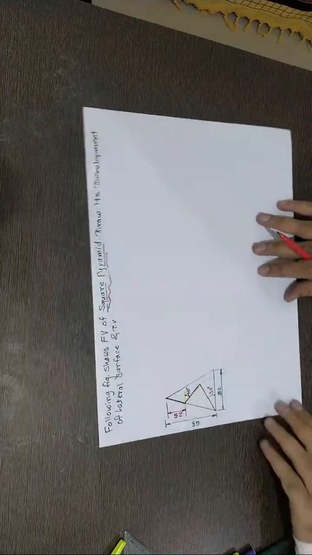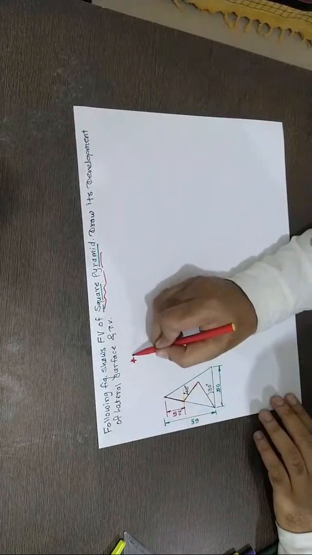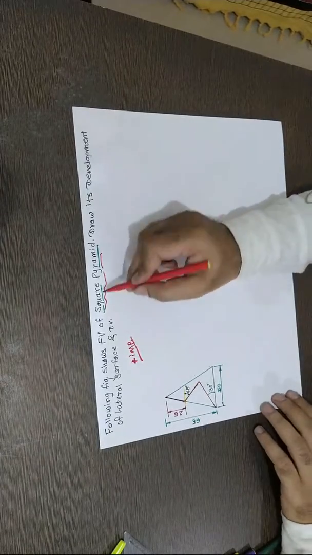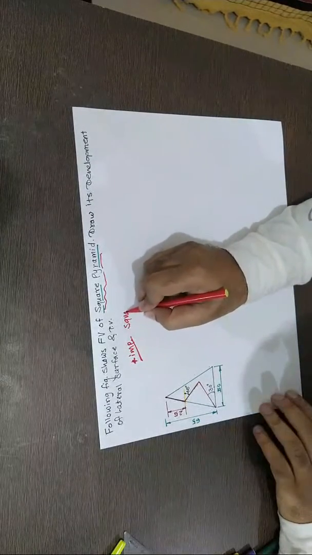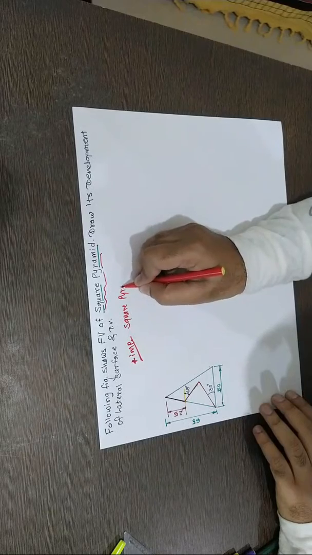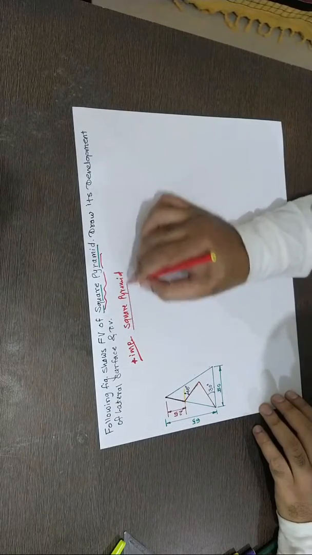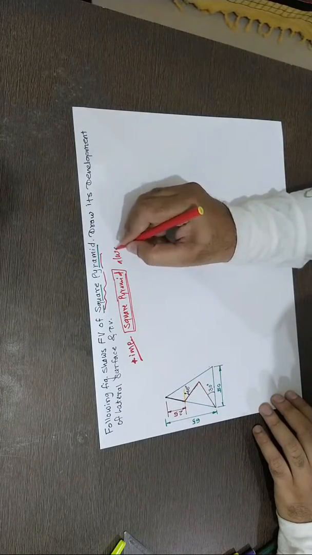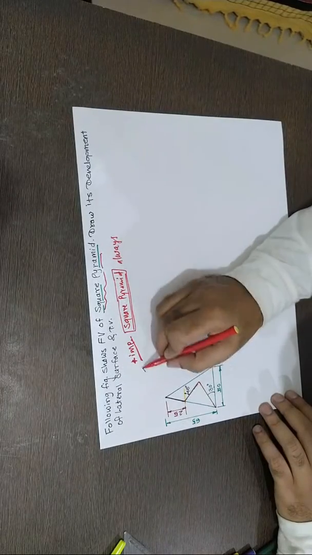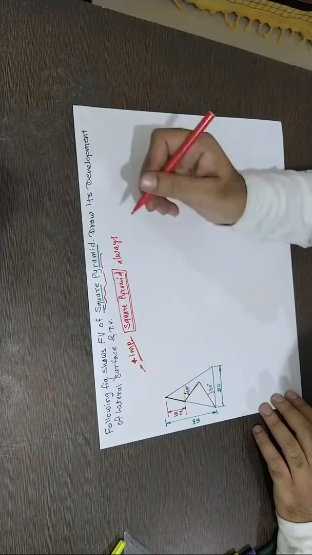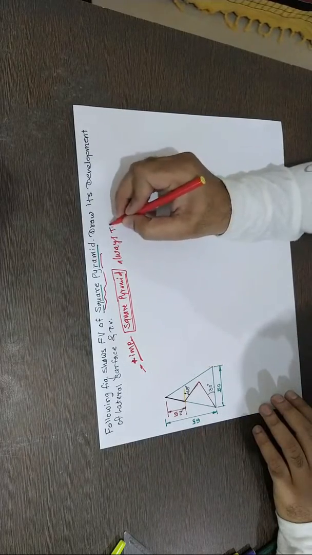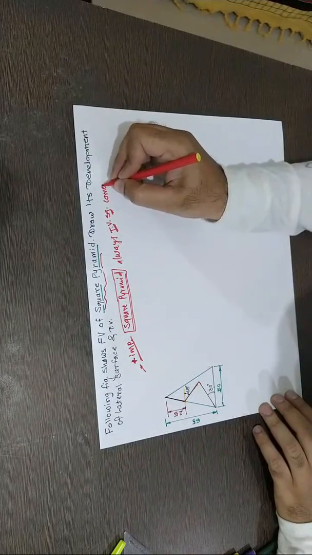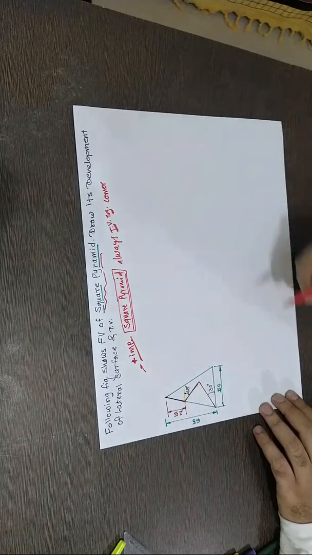So remember, I'm making it clear. Whenever there is a question on the square pyramid, this is an important note to remember: for the solution, always draw the top view of the square resting on a corner.